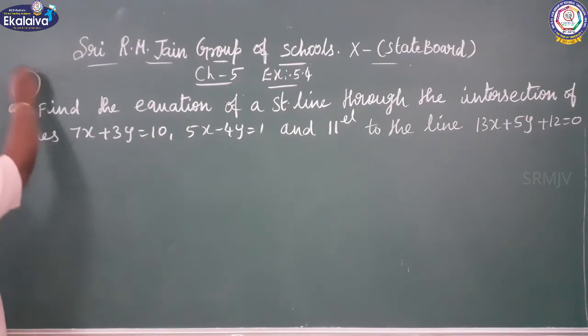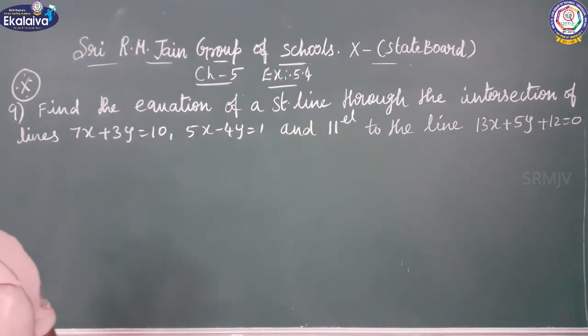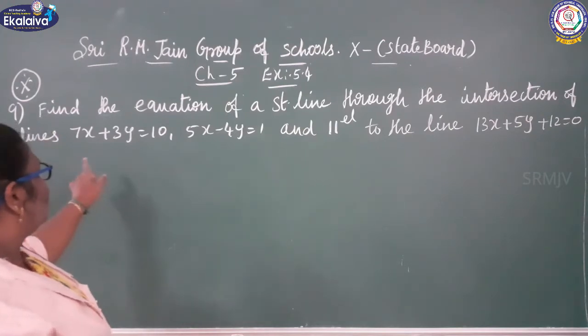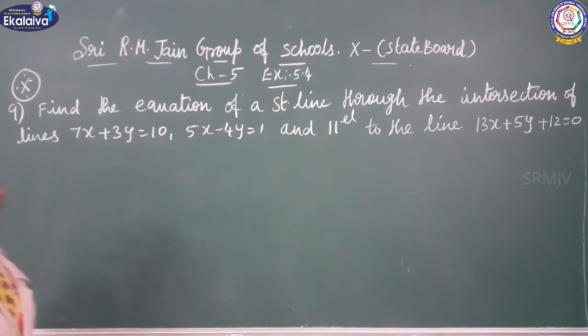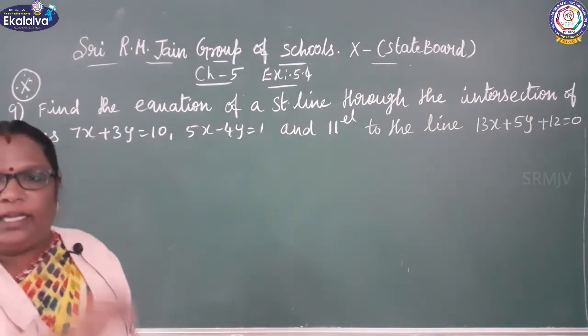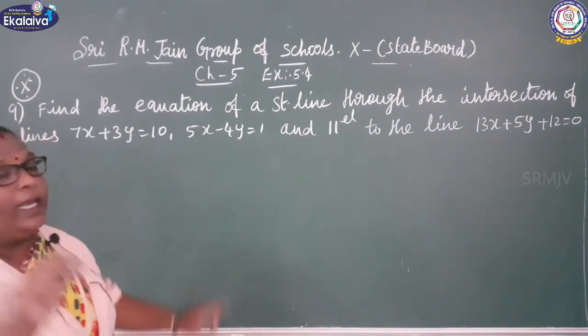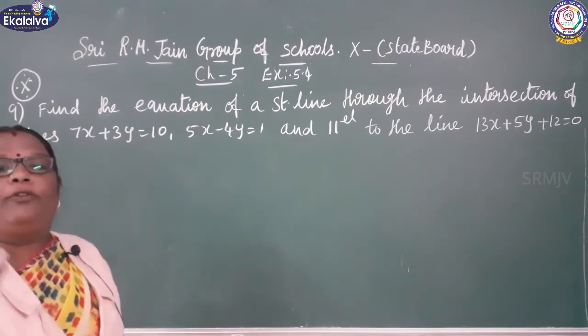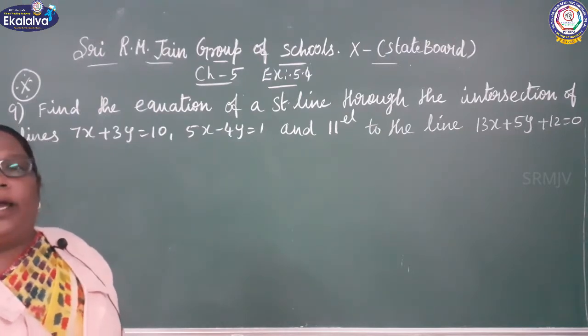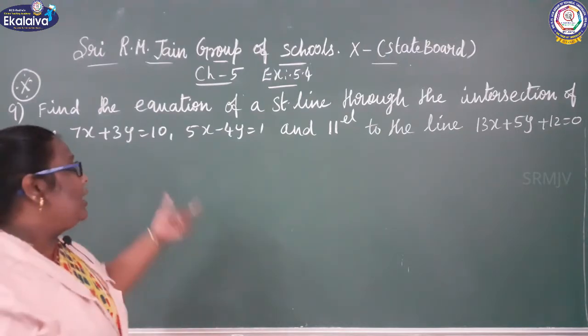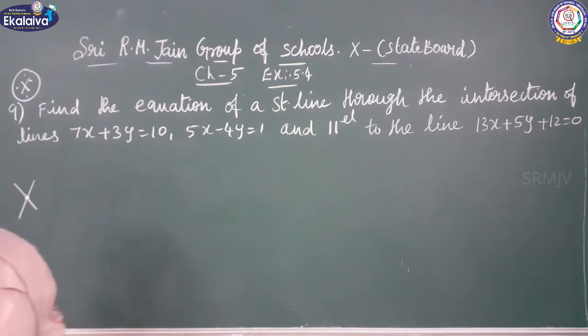Find the equation of the straight line through the intersection of the lines. If the lines are intersecting at a point, you solve these two equations and get that point of intersection.